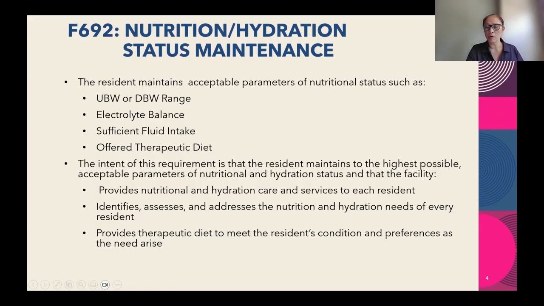So that means all residents. It identifies, assesses, and addresses the nutrition and hydration needs of every resident, and provides a therapeutic diet to meet the resident's condition and preferences as the need arises. So this does not only impact residents that are on PO, this will also impact residents that are on enteral feeds.